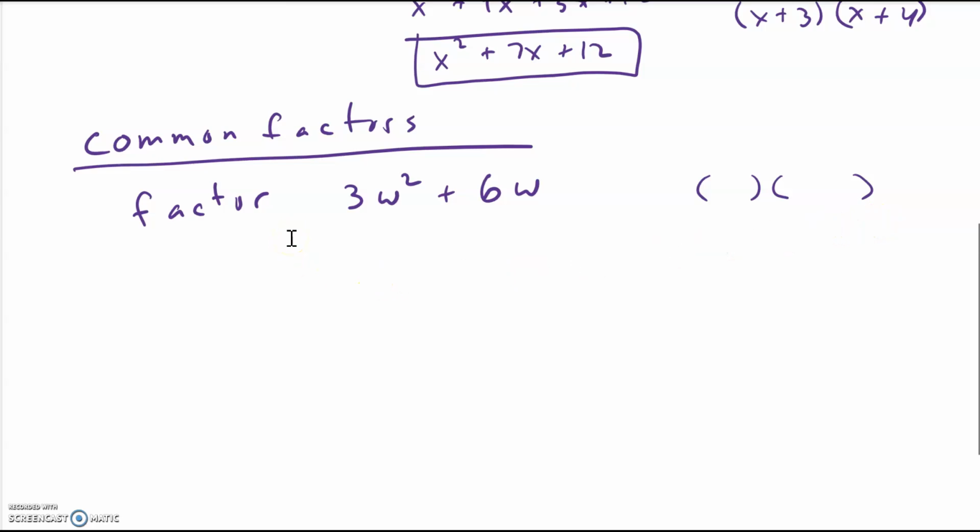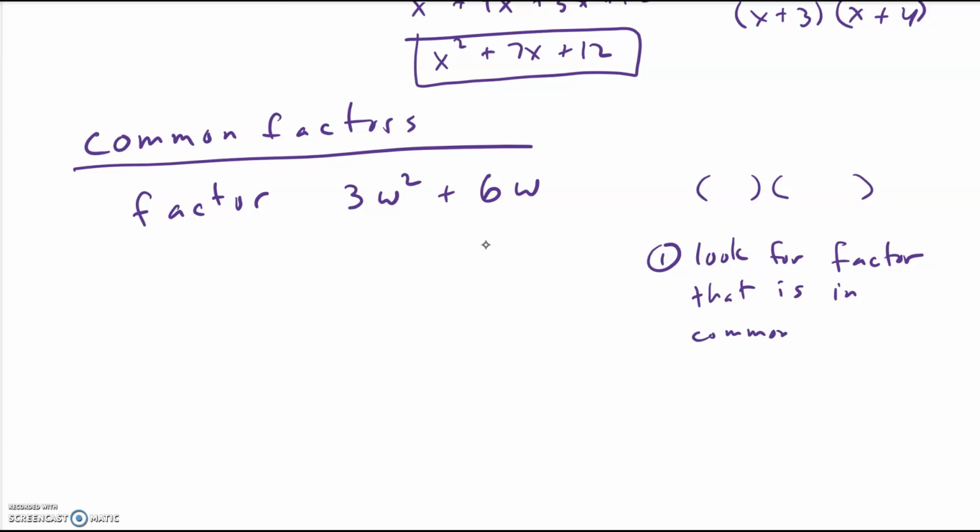So the idea of common factors is, step one, you look for a factor. In other words, the 3 and the 6 both have a factor of 3 in them. They both have w's in them. So look for a factor that is in common to all the terms.